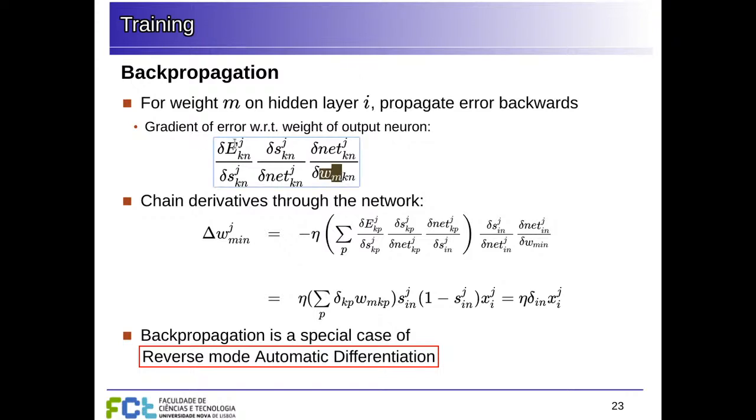But to do that, to go from the error to the weight we are updating, we need to chain through all the different functions. The error function as a function of the output of the neuron, the output of the neuron because of the activation function as a function of that weighted sum of the inputs, and then the weighted sum of the inputs as a function of that particular weight.